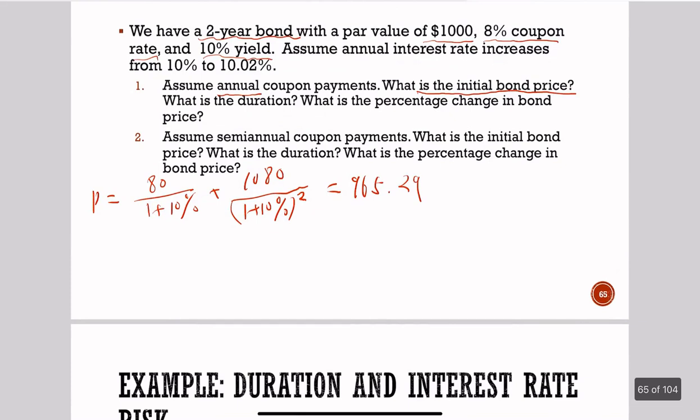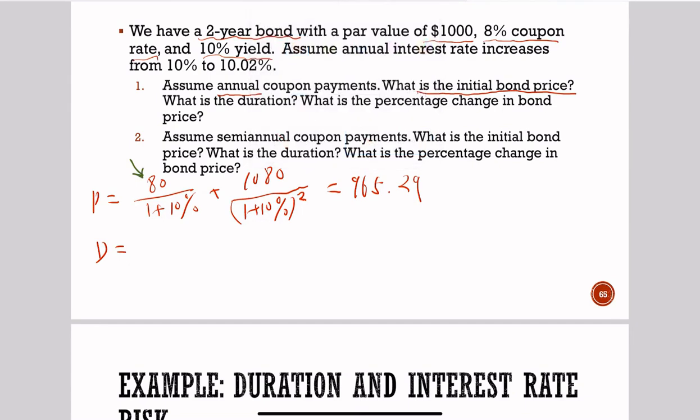Now, what is the duration? Finally, let's calculate the duration here. Duration is the weighted average of time to maturity for different cash flows. For this first cash flow, this $80 cash flow, its time to maturity is 1 year, right?